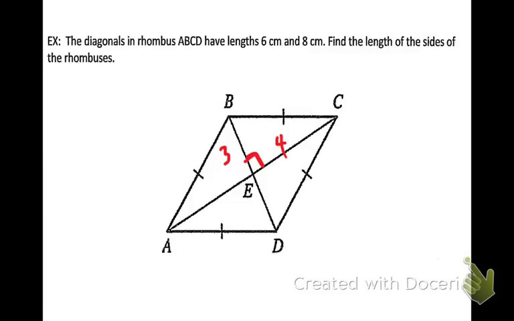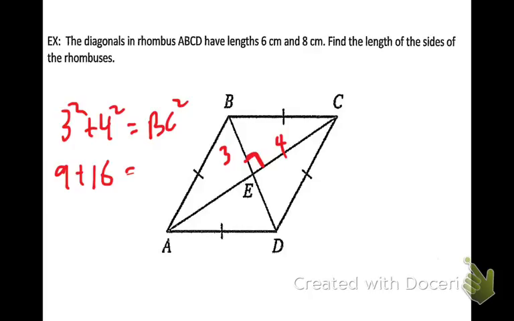So then we have 3 squared plus 4 squared equals BC squared. That's 9 plus 16. It's a Pythagorean triple.